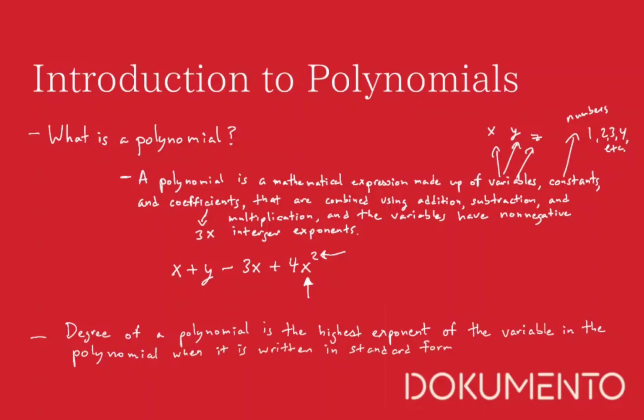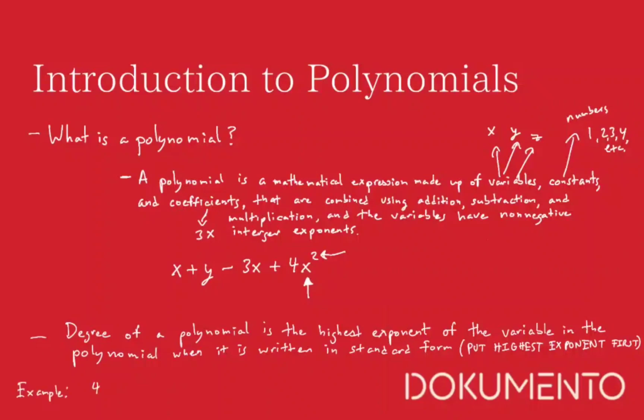So it's where we write the variable with the highest exponent in the front. So we always put the highest exponent first, and we can arrange it in descending order. So if it had a power of 3, then I would put that term in the front. If it's raised to a power of 4, I'd put that term in the front. And then we just go down.